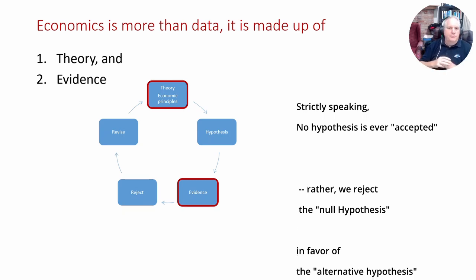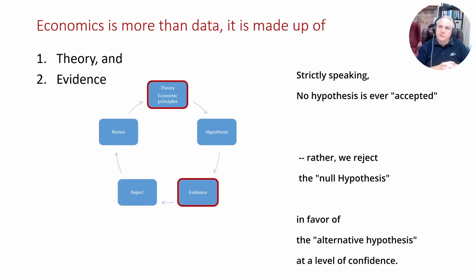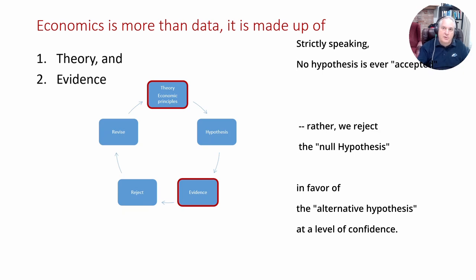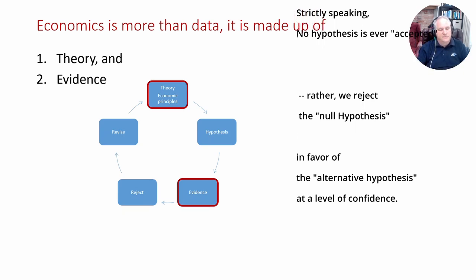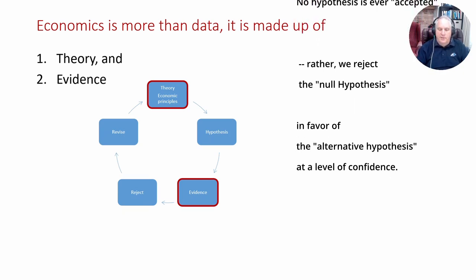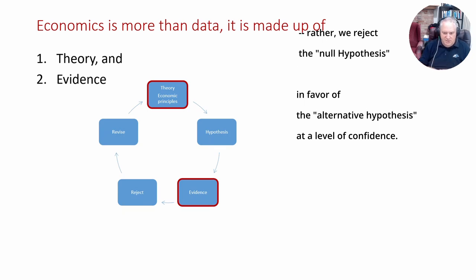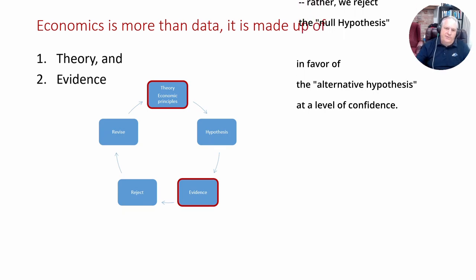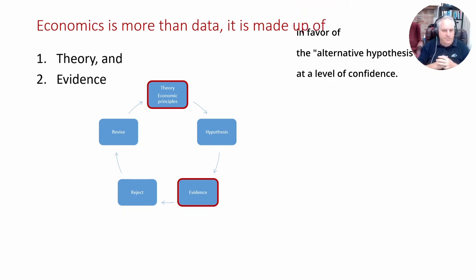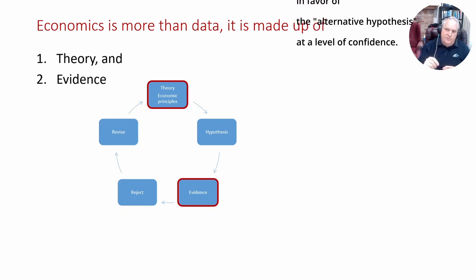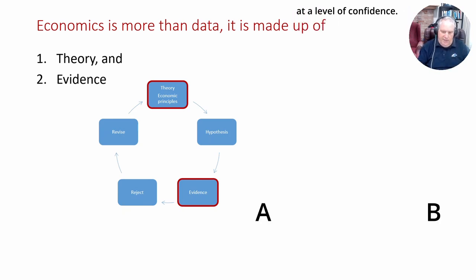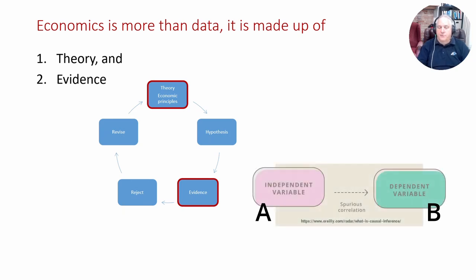I'm using it in a little bit more generic, simpler terms, which instead of saying I'm going to set up a null hypothesis to reject in favor of the other, and that is the proper way of setting this up, I'm basically saying, here's a hypothesis. I think A causes B. And here's my evidence. Do I reject that? Indeed, if I have A, whatever that is, and I have B, and B does not seem to follow from A, then my evidence is that I have rejected it.